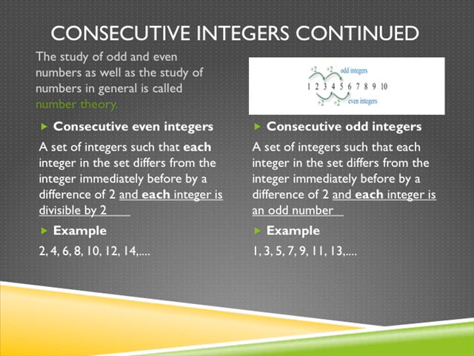Consecutive odd integers are a set of integers such that each integer in the set differs from the integer immediately before it by a difference of 2, and each integer is an odd number. An example: 1, 3, 5, 7, 9, 11, and 13.